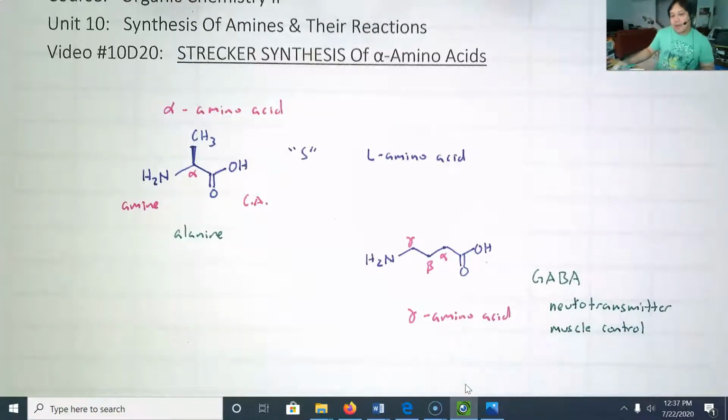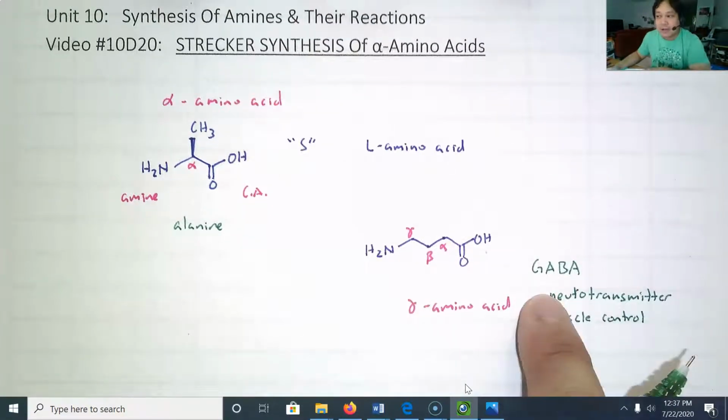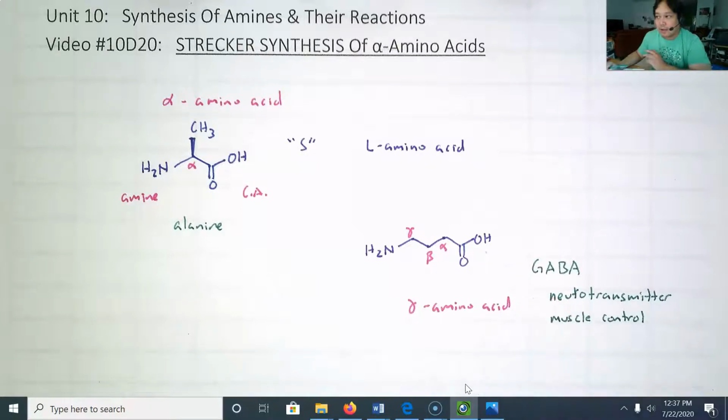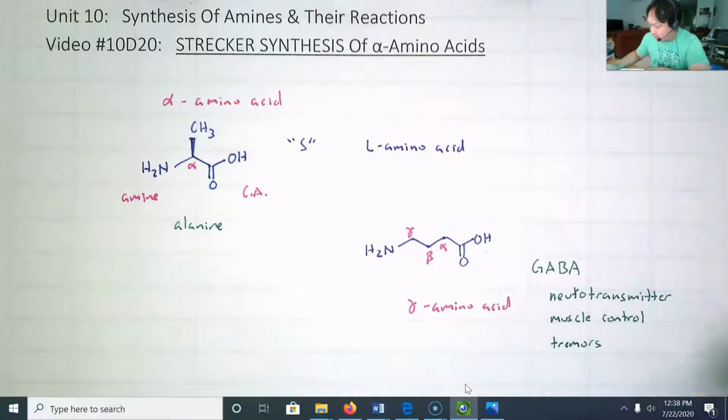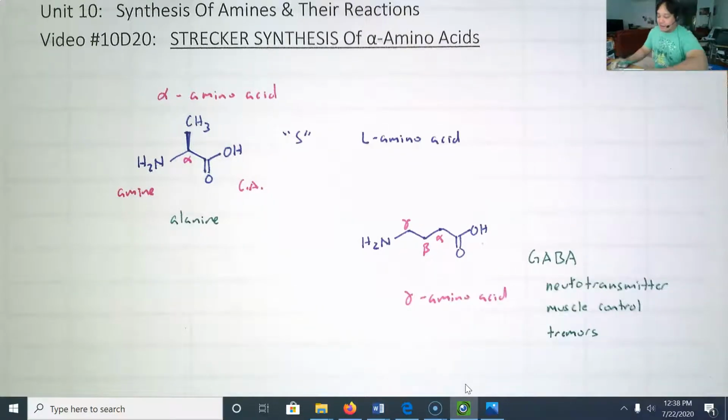And if you have difficulty producing GABA or the receptors aren't recognizing GABA, then you start to have diseases like Parkinson's, something where you have tremors, like loss of muscle control. All right, so that's a gamma amino acid.